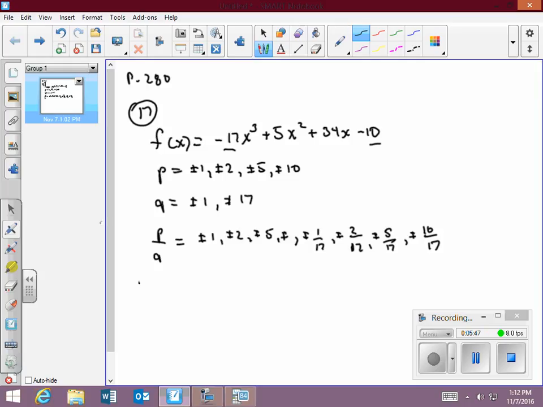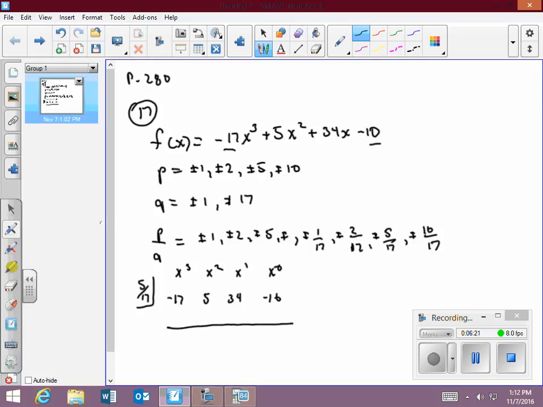So I'm going to divide by 5/17. Then I will always put that row up here. It's an x cubed, x squared, x linear, x constant. So then it's a minus 17, 5, 34, and minus 10. Be sure to bring your minuses down.